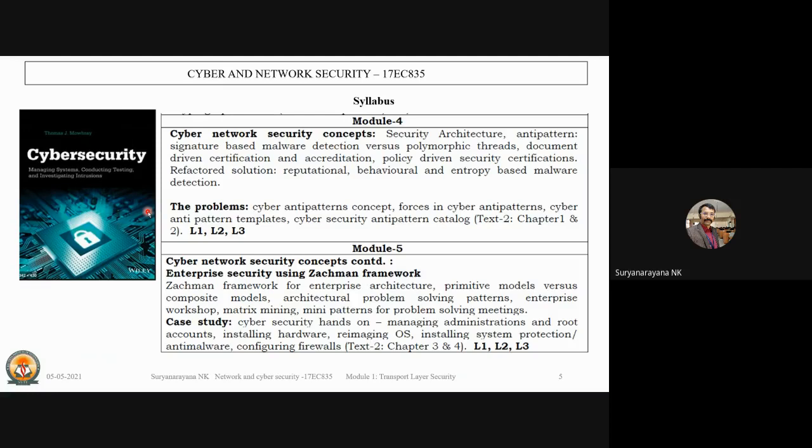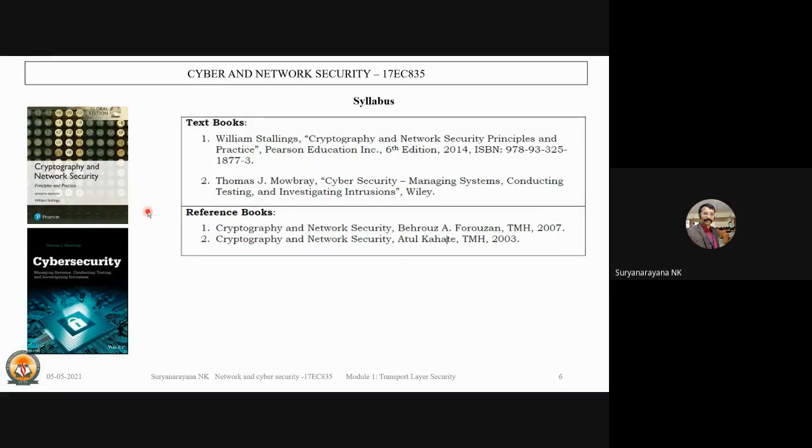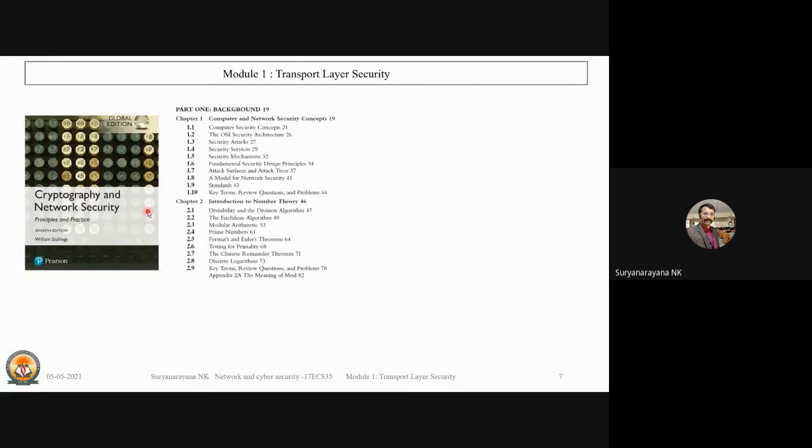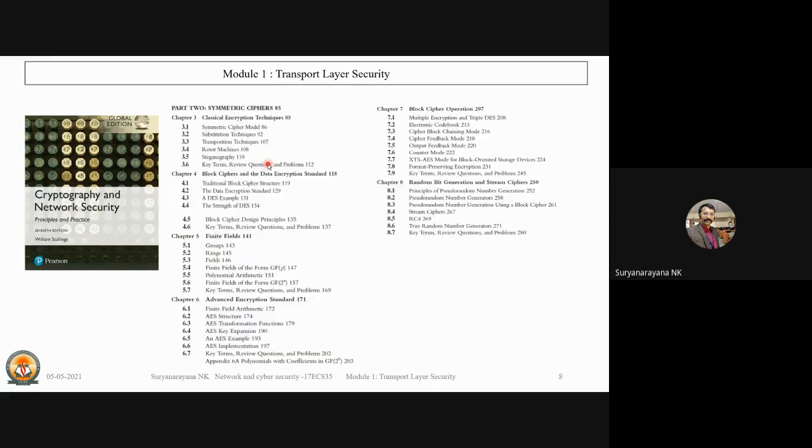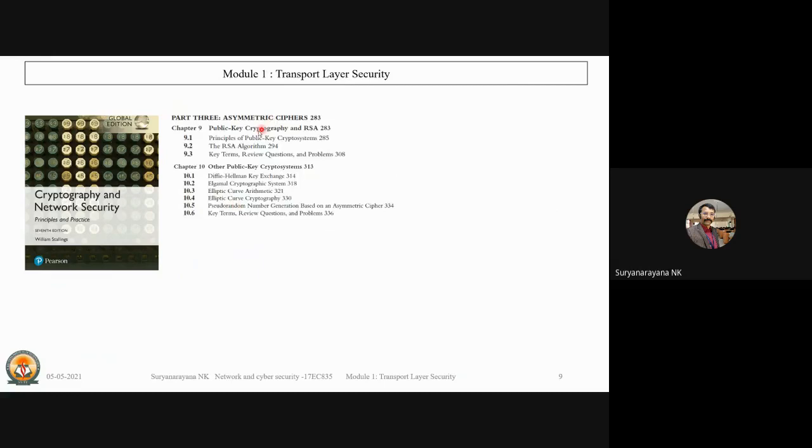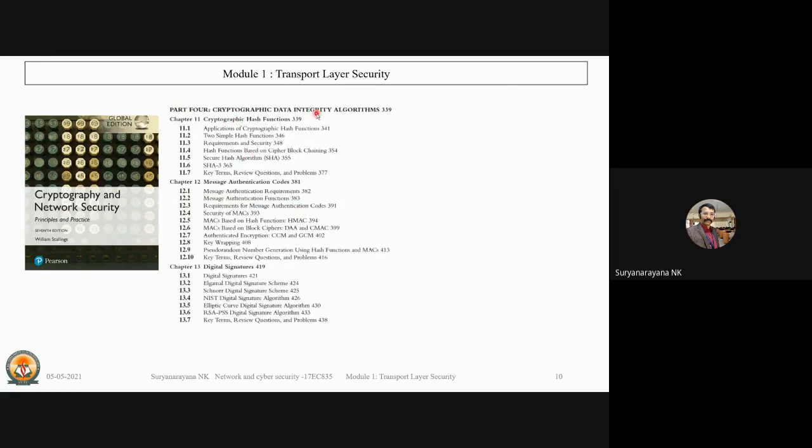Let us see what is there in the textbook. See, the first textbook consists of 6 parts, where the first part is background, the second part is about symmetric ciphers, the third part is asymmetric ciphers, the fourth part is cryptographic algorithms.